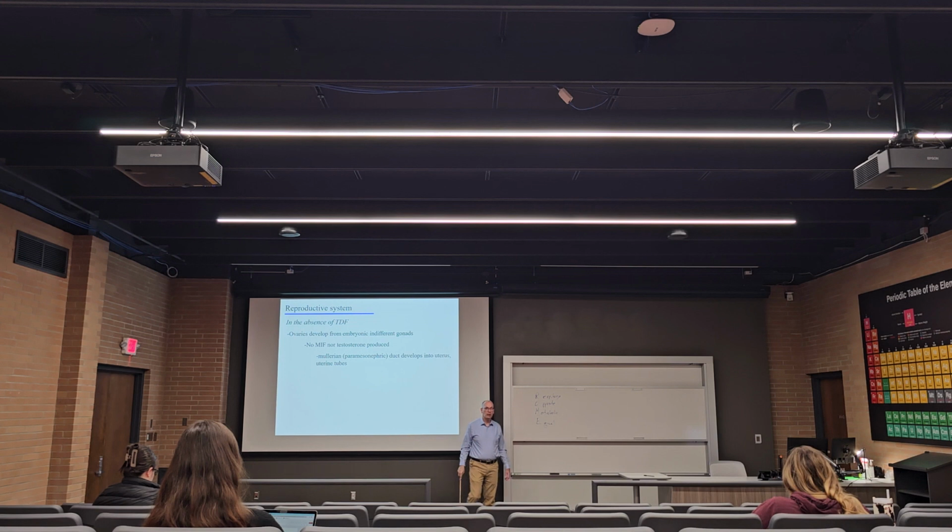Those are the female ducts, uterus and uterine tubes. The Wolffian duct system then degenerates because it's not being supported by the testosterone. In the absence of testosterone, we turn off the Wolffian ducts. And the other embryonic structures develop into the labia, the vagina, and the clitoris. Will develop in the female instead.